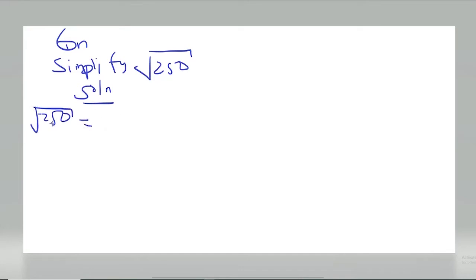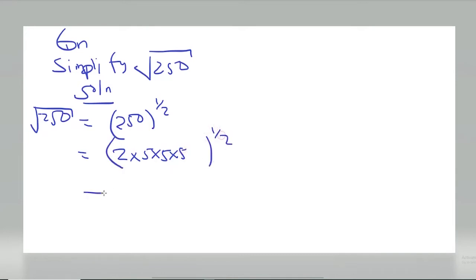Now find the factors of 250, which is 2 times 5 times 5 times 5. Then half. Now this one will be equal to 2 times 5 squared times 5.